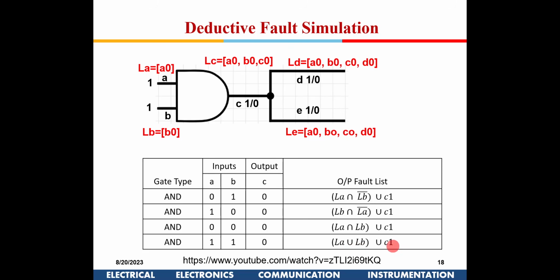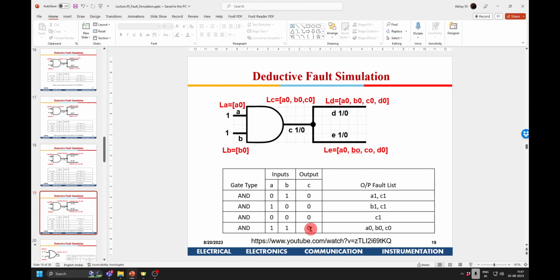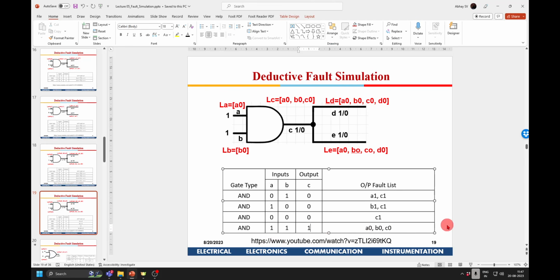And this you mean to say C. Sir, here in the table the output C should have been 1, sir. That fault free output. Yes, sir. I think this should be 1.